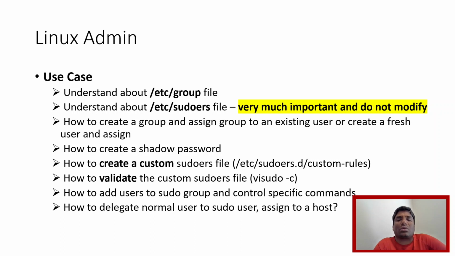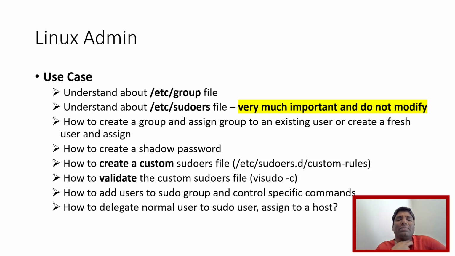If anything goes wrong, your Linux machine is corrupted. Be cautious wherever you are working in a real-time environment. Before touching the sudo file, ensure that you first take a backup and then perform anything else, or follow how the organization instructs you to do admin activities.